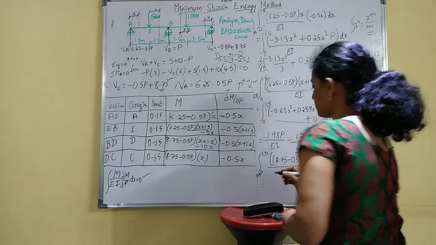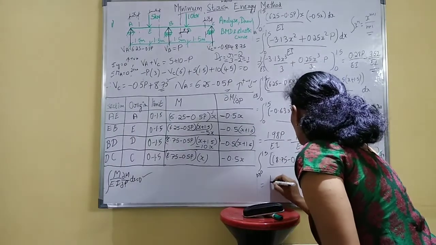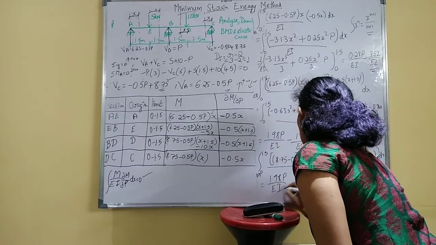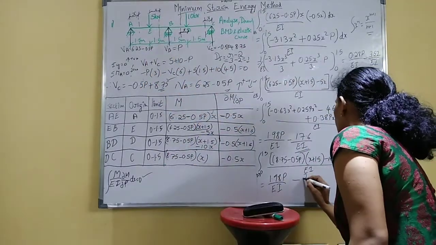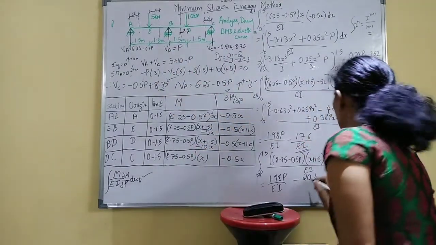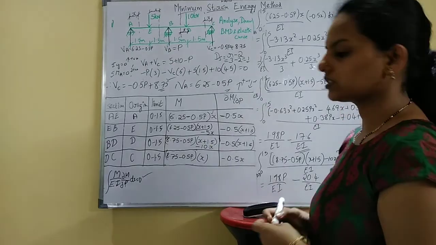So after simplification you will have 1.98 P by EI minus 20.4 by EI. Okay, next last term.